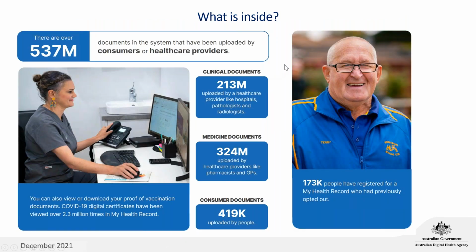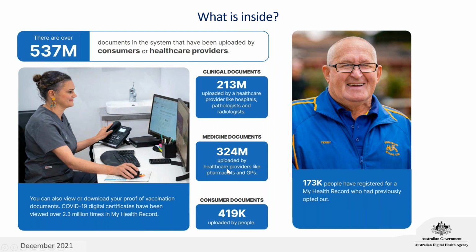So what is inside the My Health Record system? Now we have lots of documents that are uploaded. There's a couple of different categories of documents that are available. We have clinical documents, so those that are uploaded by clinicians or clinical settings, laboratories, pathology laboratories, for example, diagnostic imaging providers.